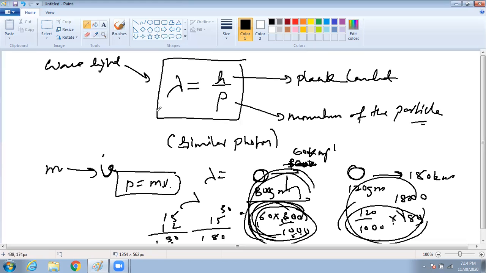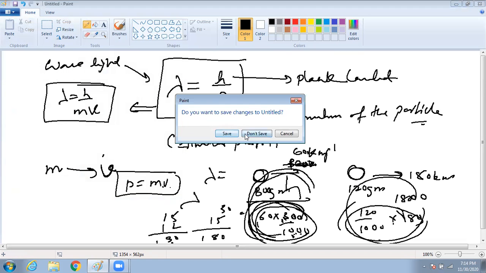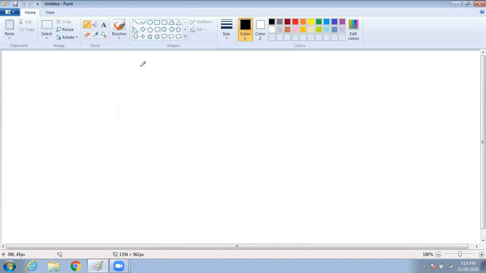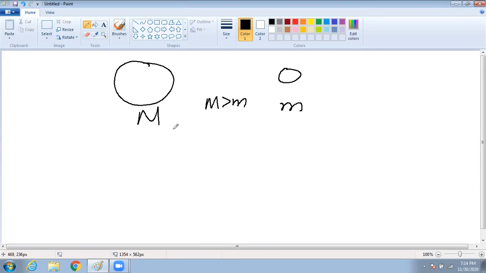So this formula can also be written as lambda equal to h by mv. Write down this formula, very very important. So what we infer is that if there are two objects, one is a bigger object, one is a smaller object, obviously the mass M is greater than m, and both are moving with the same velocity.